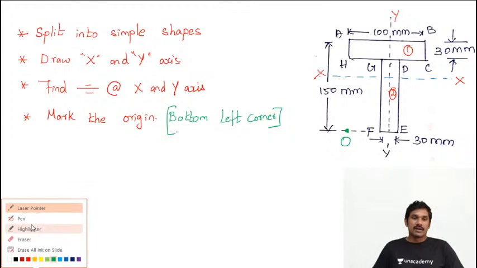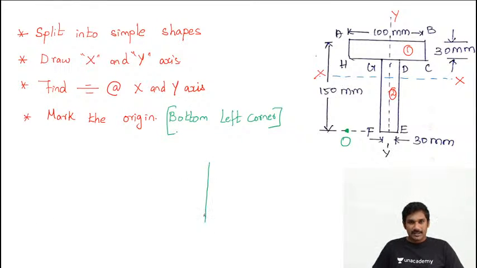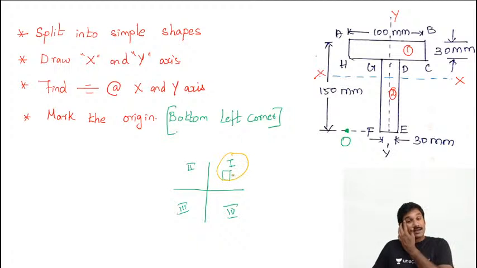Why am I selecting the bottom left corner? Because if you take a graph, and a component in the first, second, third and fourth quadrants, for the first angle projection or first quadrant, the bottom left corner is the origin.